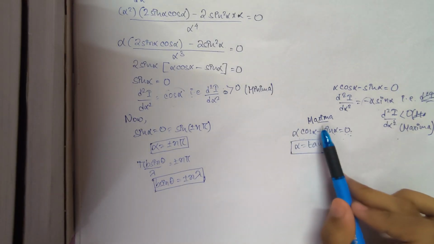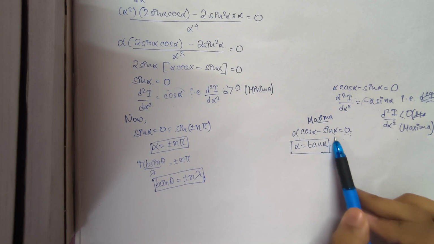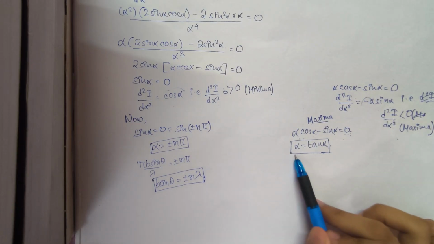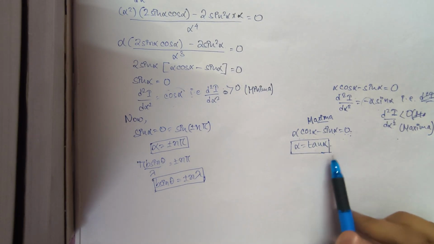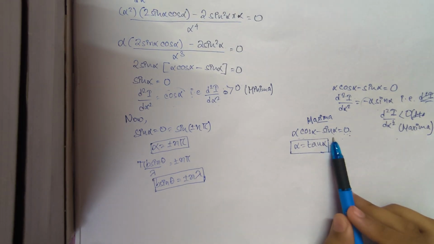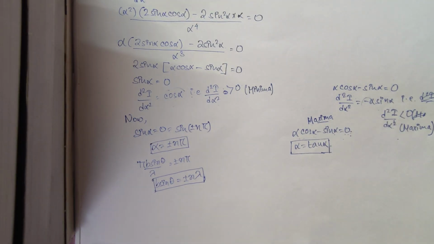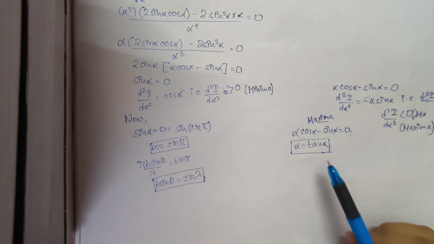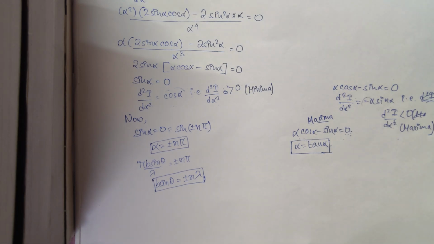For the maxima condition, we are getting alpha cos alpha minus sine alpha equal to 0, that is alpha equal to tan alpha. We will now see the graphical method for determining the roots of this equation, alpha equal to tan alpha.